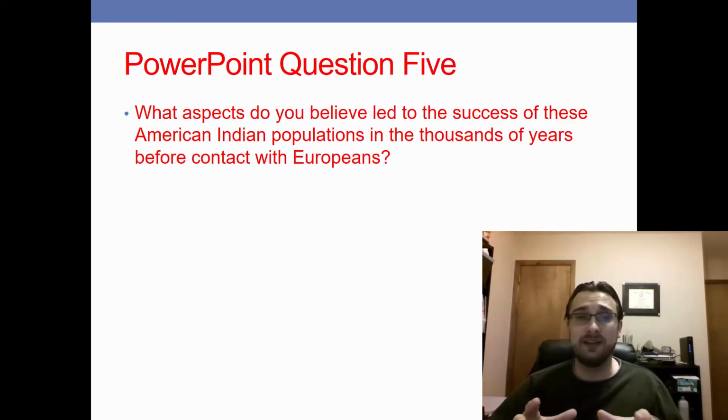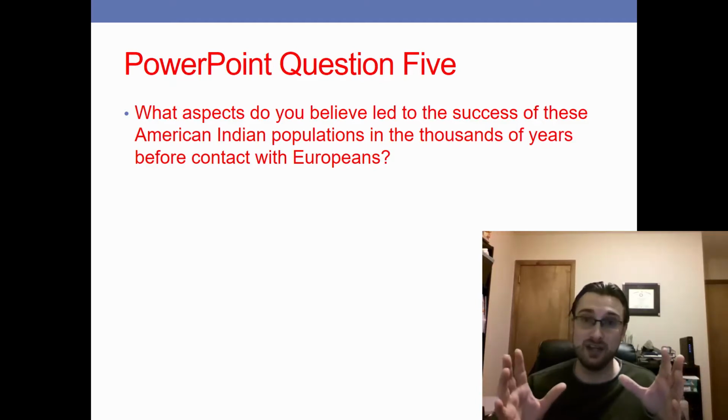But really, the idea that millions of people were surviving in an incredibly advanced and sophisticated way for thousands and thousands of years before contact with the Europeans is kind of the point of this PowerPoint, and hopefully what you've all been able to take away from it.